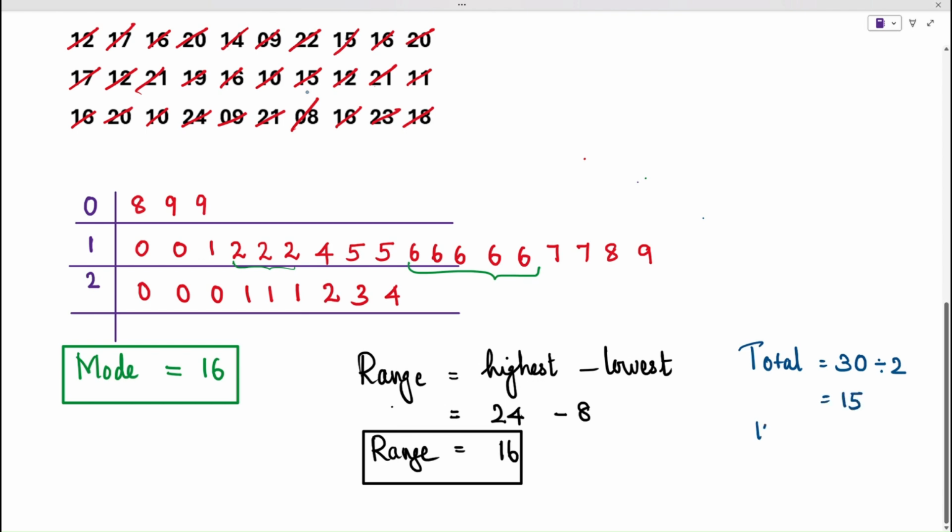So the 15th item in our list, going in consecutive order, is our number in the middle. So let's just count. 1, 2, 3, 4, 5, 6, 7, 8, 9, 10, 11, 12, 13, 14, 15. So our 15th item here is a 6 that starts with a 1, so that's 16. And so our median here is also 16.